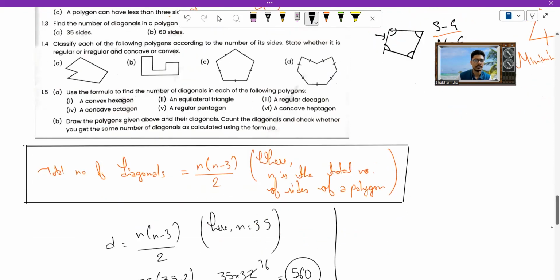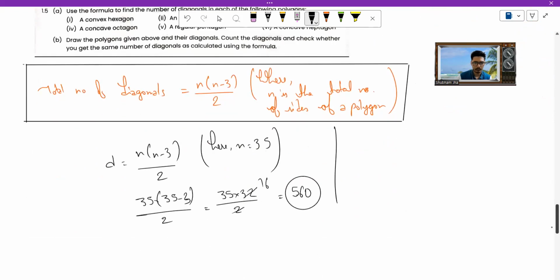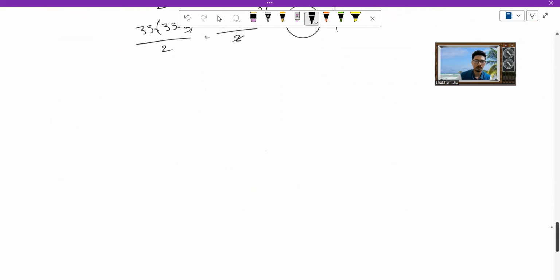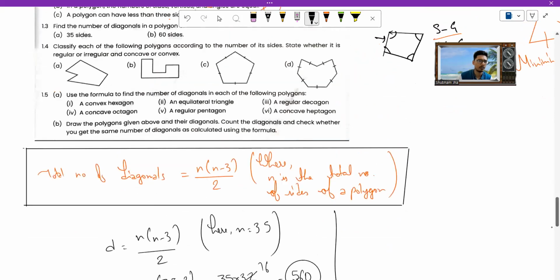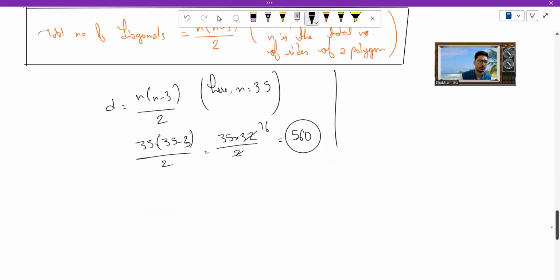The second question is 60 sides. I will also try to make you understand how to write in the language. First thing, the question number, like 1.3 B. How to write a question, how to write an answer? Here we'll write what is given.